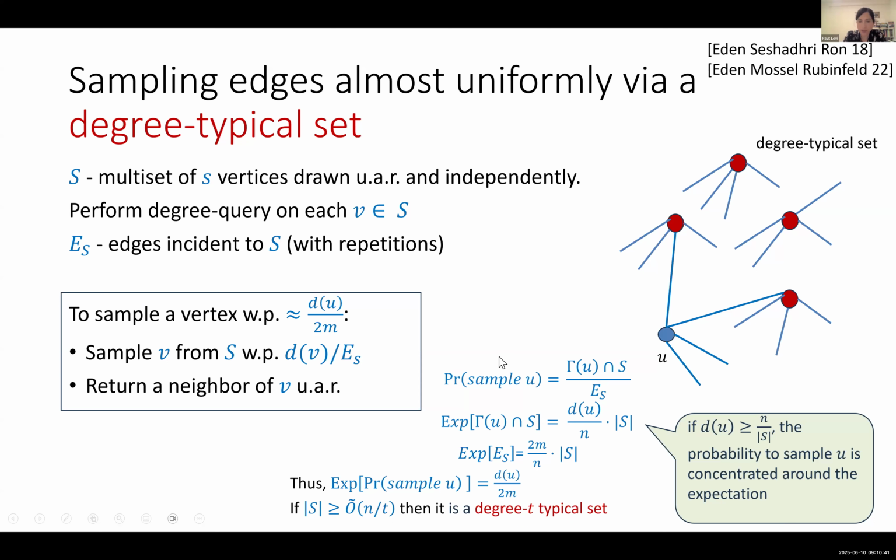Now let's consider what is the probability to sample a vertex u according to this process.